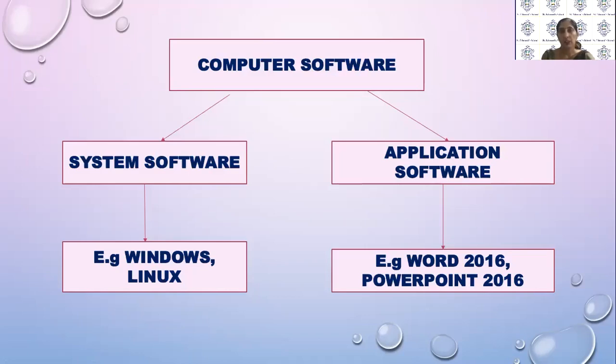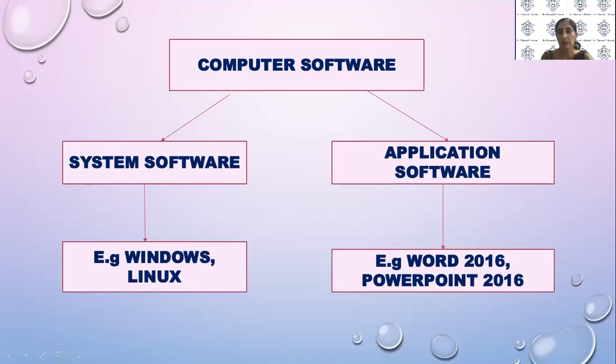Second type of software, it is the application software. Now these are the programs which help us to do a particular work or a specific task on a computer. Like we have the Word 2016, which is used for writing letters, poems, stories, etc. Then we have the PowerPoint 2016, which is used for making a presentation.